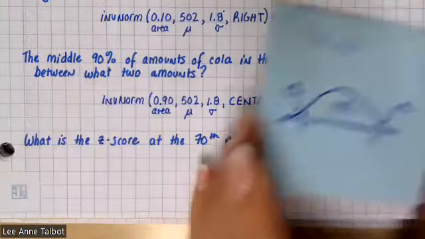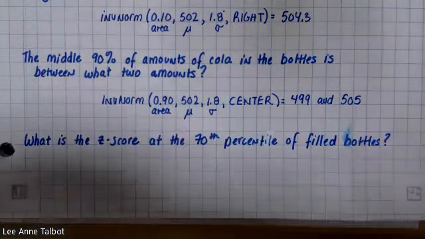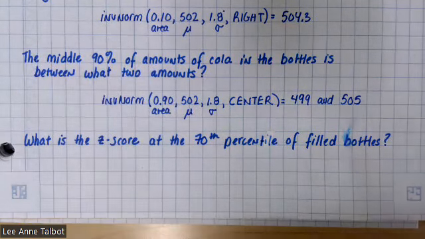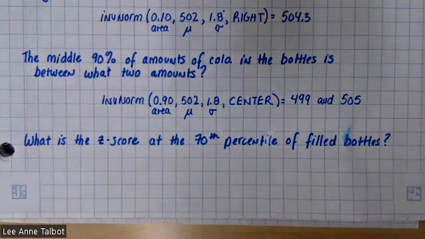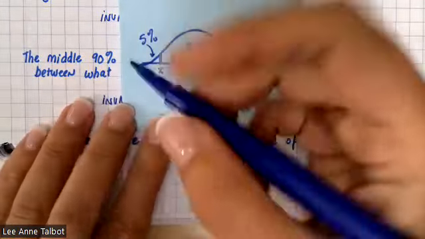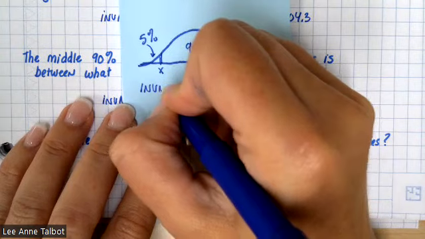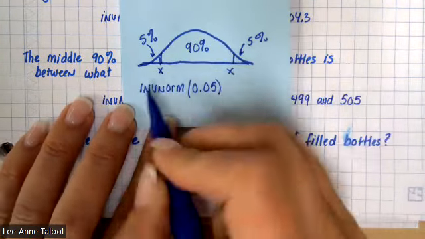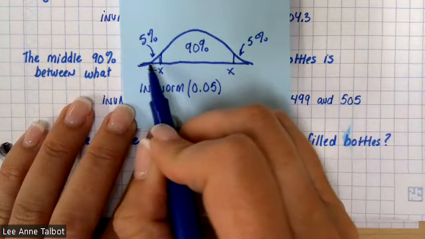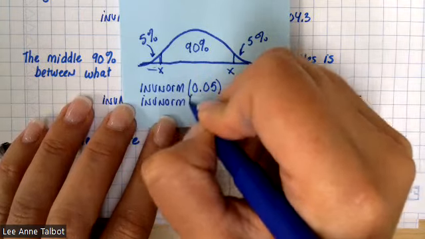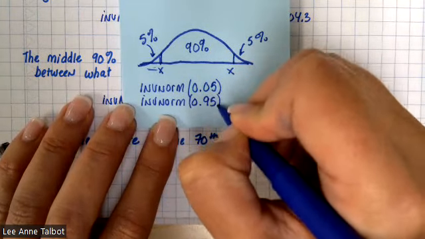Okay, now, if you do not have a newer calculator that can do that, what you're gonna do is exactly what I just did a minute ago. You're gonna say, okay, my calculator works in left, so I'm gonna do an inverse norm for 5%. And I'm gonna do another inverse norm for 95%.